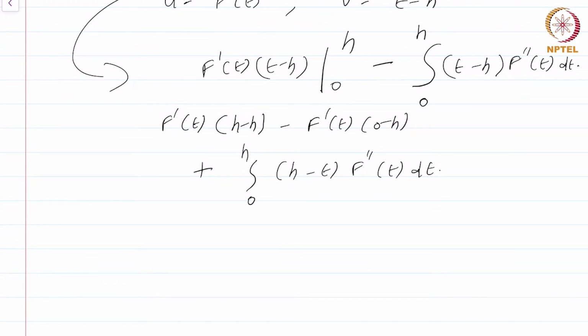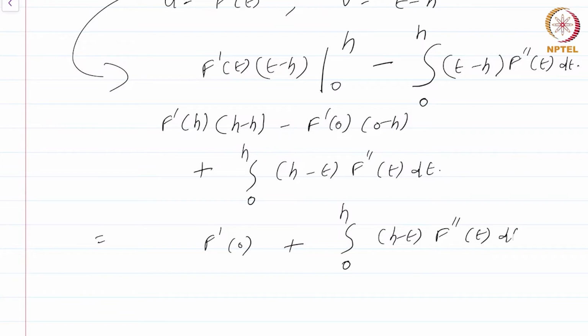Now observe that there is a minus sign near minus f prime of t times (0 minus h) and there's a minus sign inside, so this whole thing just becomes f prime of h, sorry about that, this should be f prime of h and this should be f prime of 0. I forgot to substitute the limits for f prime. So this will just give you f prime of 0 times h plus the integral from 0 to h of (h minus t) times f double prime of t dt.